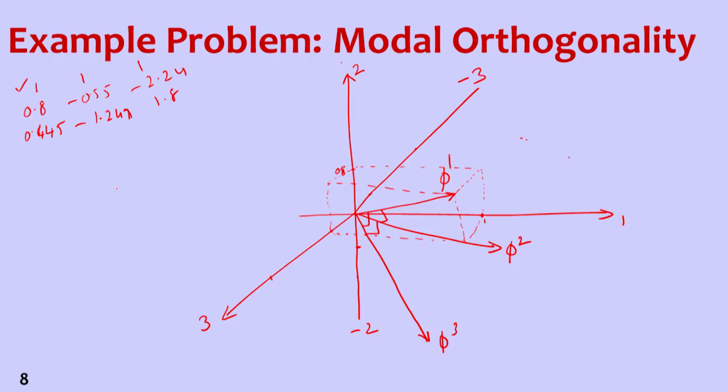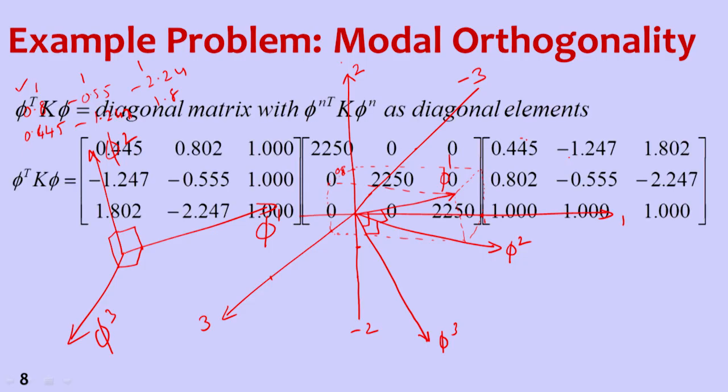If we transform and write this, it will be something like this: phi 1, phi 2, phi 3. Phi 1 is perpendicular to the phi 2 line and to the phi 3 line. Similarly, phi 2 is perpendicular to phi 3 and phi 1. Phi 3 is perpendicular to phi 1 and phi 2. So this is modal orthogonality, the same thing we have seen in the form of a numerical problem.